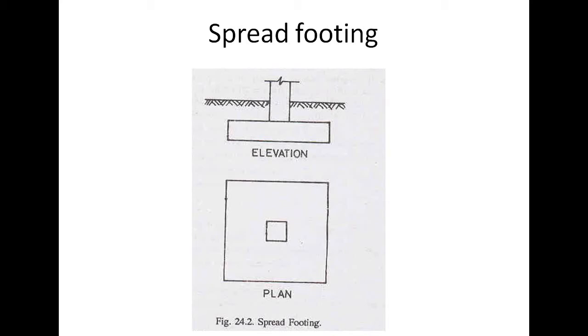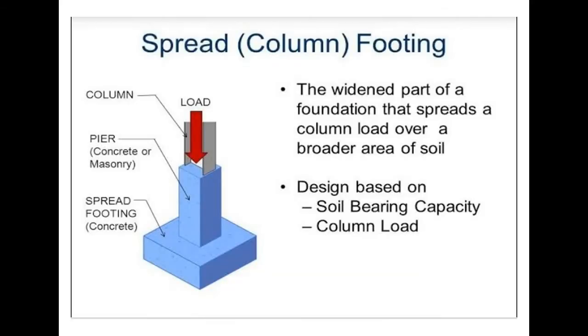In this image we can see that one column has a footing, shown in elevation and plan also. In the spread footing, the load is transferred from the superstructure to the column, and then the pier.